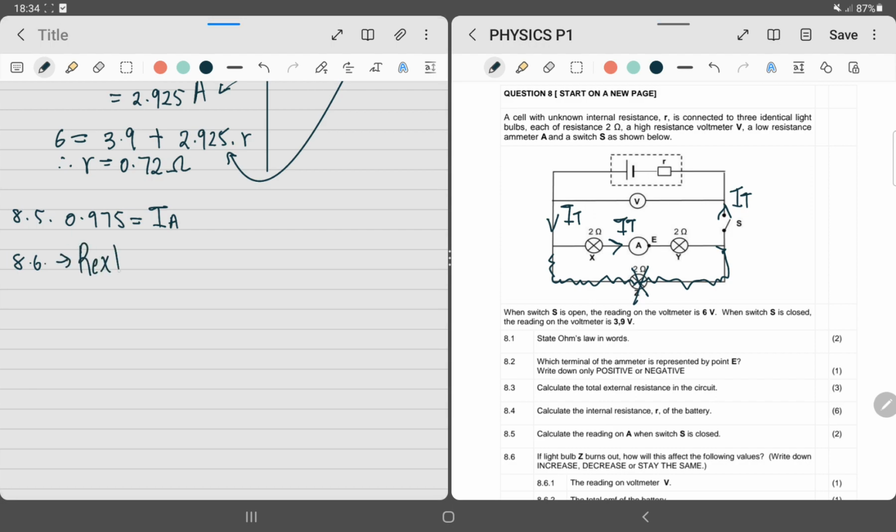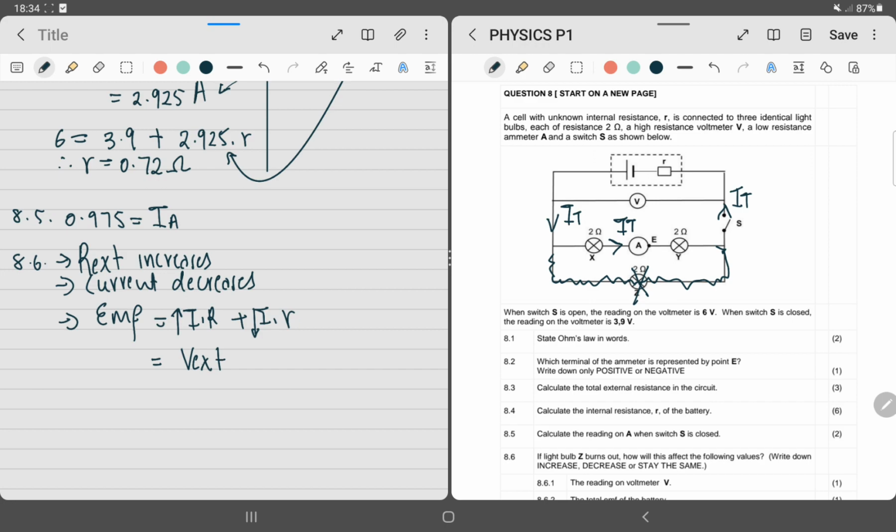R external increases, so the current decreases. From this formula, when the current goes down, V external should go up. So V external increases, V lost goes down.